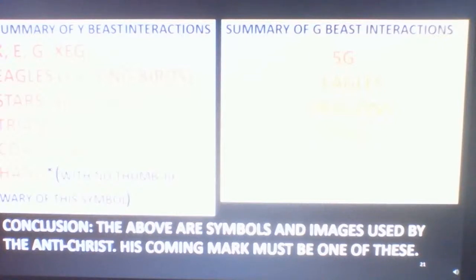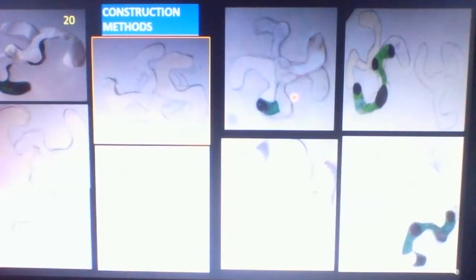The above are symbols and images used by the Antichrist according to the Bible, because he said we should decode it. He gave us a puzzle in the Bible. If you have understanding and wisdom, find out who the Antichrist is. These are the symbols they use. So think about those that use these symbols. They are your Antichrist. The main thing is finding who is the main Antichrist. And I'm going to show it in these videos.